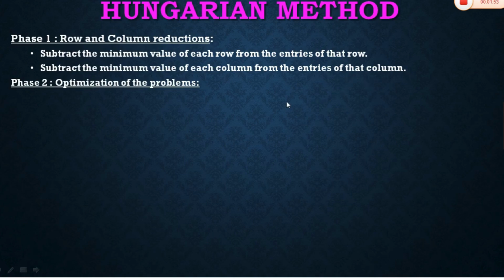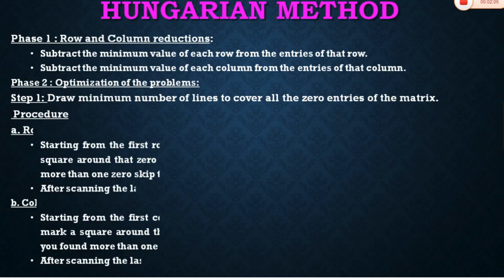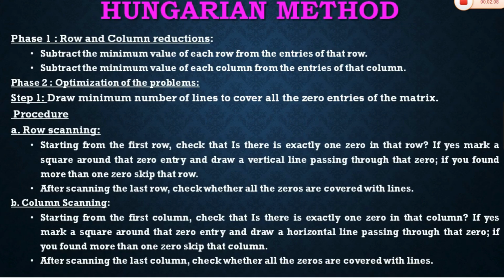Next is phase 2. Optimization of the problem. Draw a minimum number of lines to cover all the zero entries of the matrix. Procedure. First, we have to do row and column scanning initially. In row scanning, start from the first row.